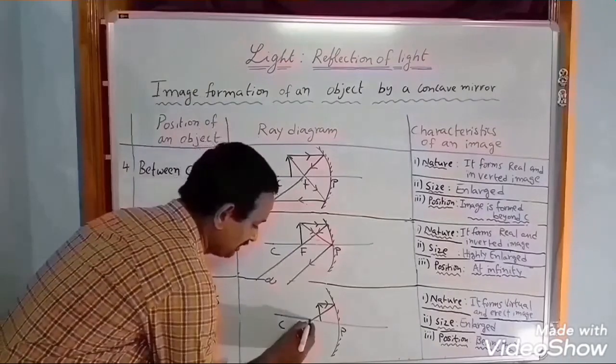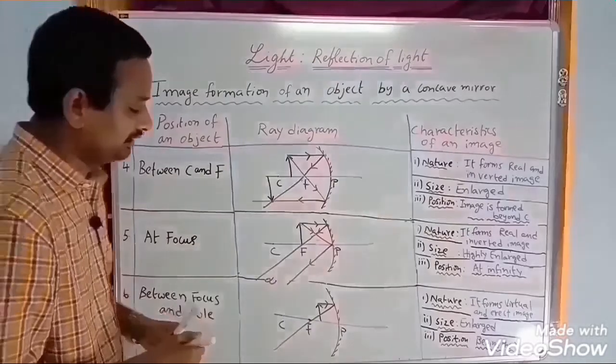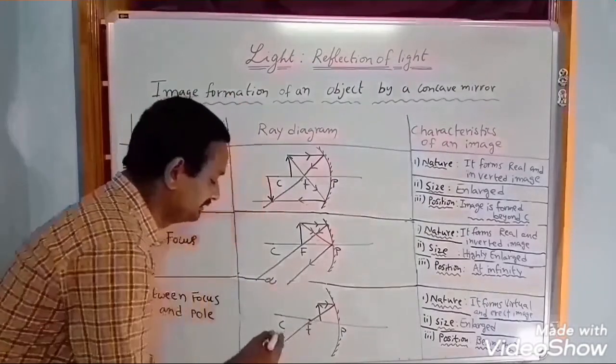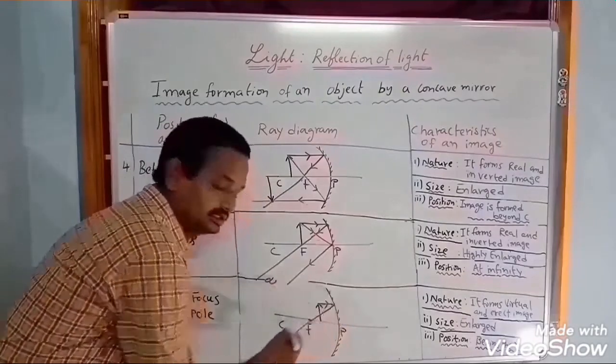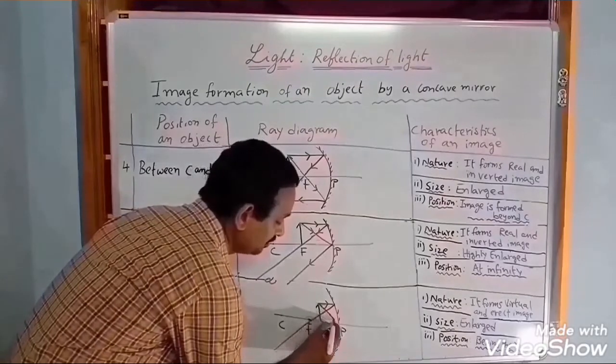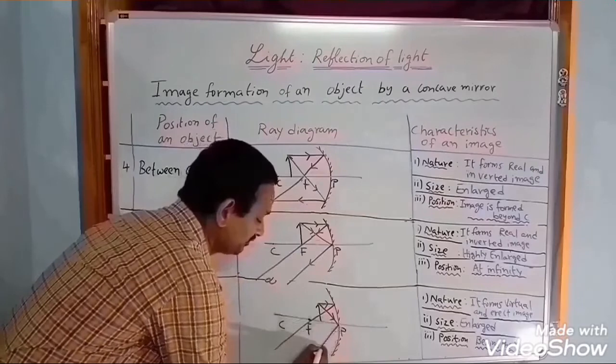And for the second ray, I will take the fourth rule, that is, a light ray incident at the pole, after reflection follows the laws of reflection.